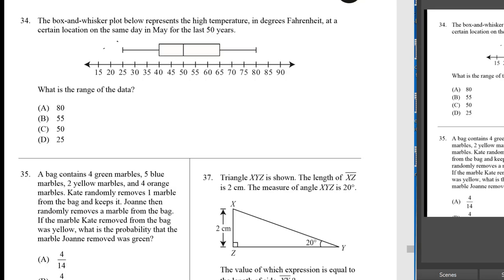This is the lowest number. This is the highest number. This is the median. This is the median of the first half of numbers.